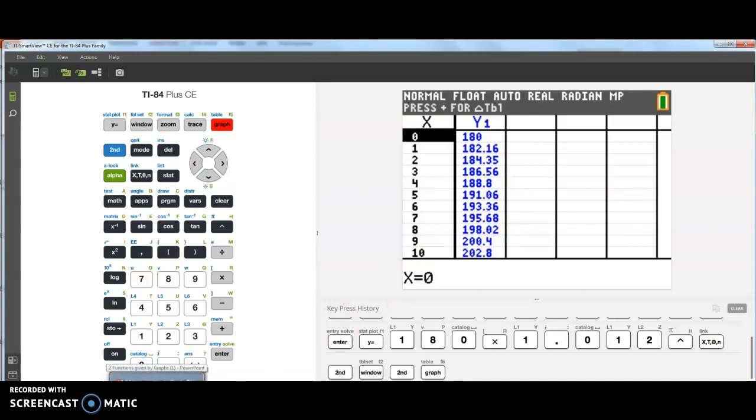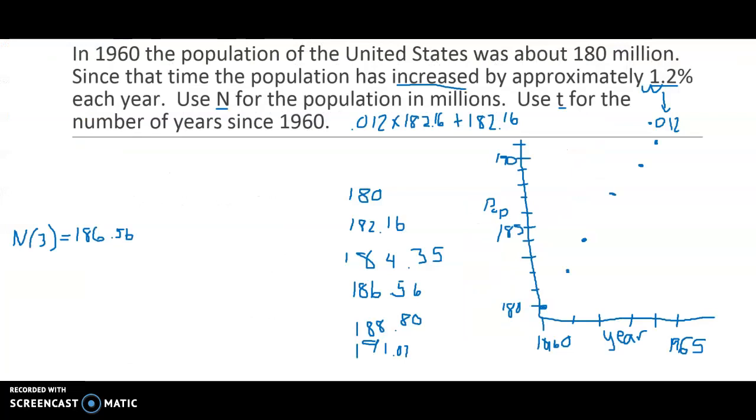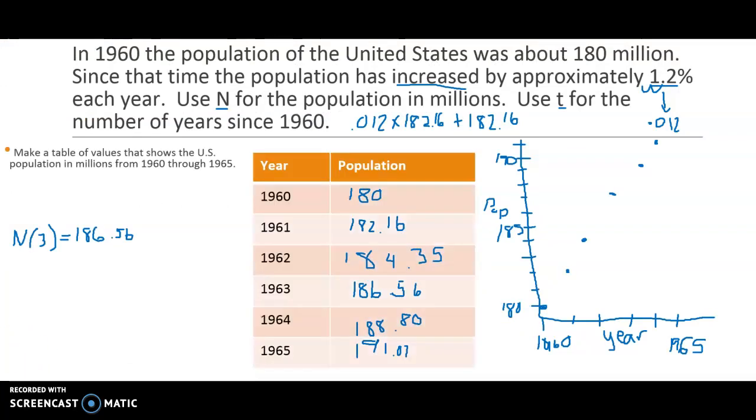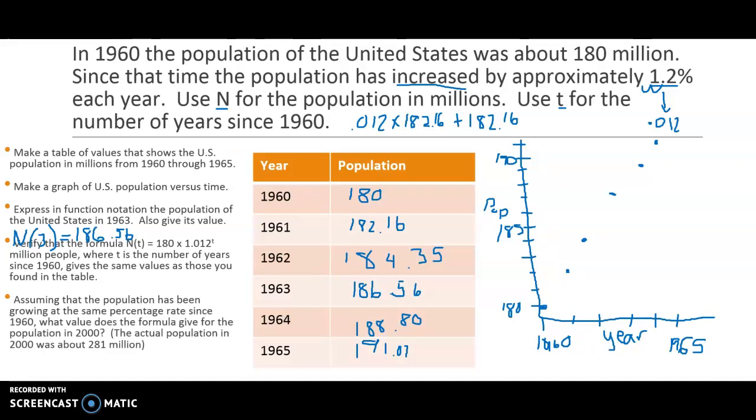So back on my PowerPoint, I have verified that I have gotten the exact same values that were in my table. The last question it asked me is, assuming the population has been growing at the same percentage rate since 1960, what value does it give for the year 2000?